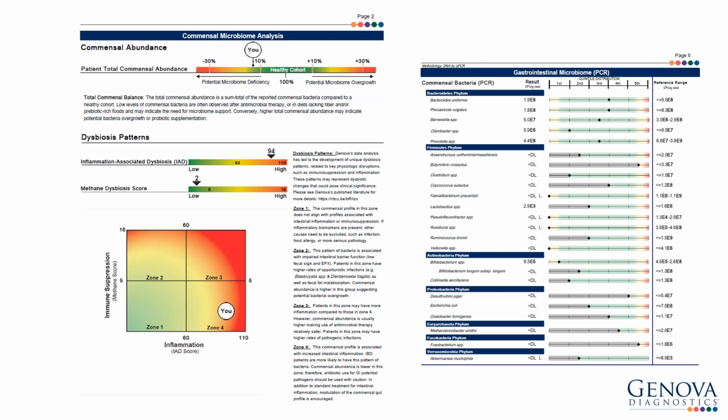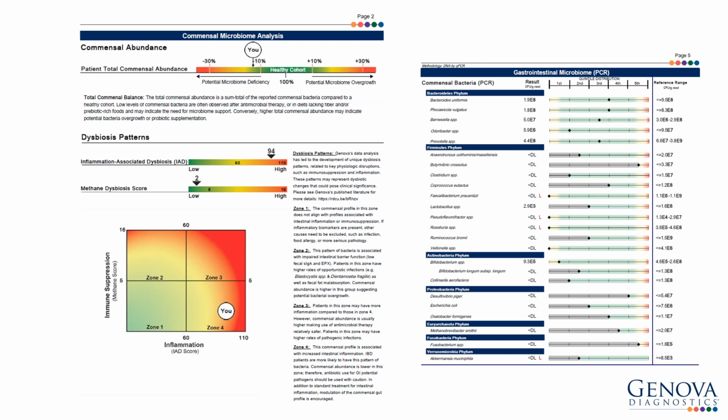The commentary to the right on the report says for zone 4 that this commensal profile is associated with increased intestinal inflammation, which we know from the front page showing us the borderline elevated calprotectin. It says commensal abundance is lower in this zone and antibiotic use for GI potential pathogens should be used with caution.